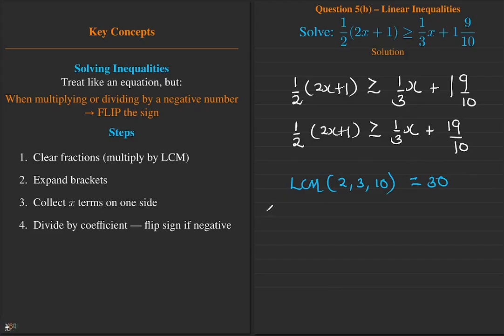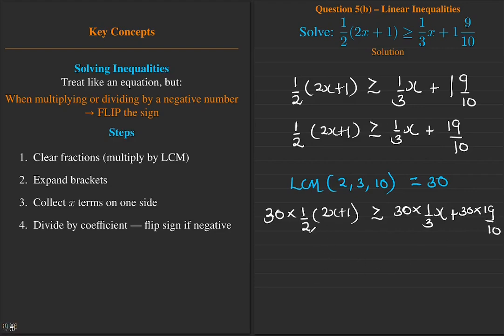So you are going to multiply this first one, which is 1 over 2 into bracket 2x plus 1 by 30. Then we're also going to multiply this here by 30. And then finally, we multiply this as well by 30.